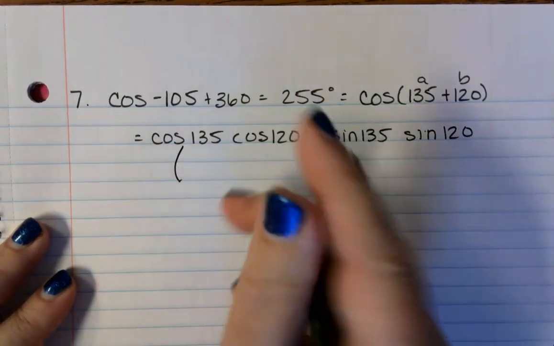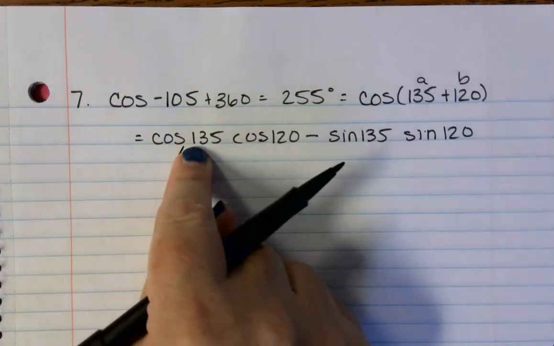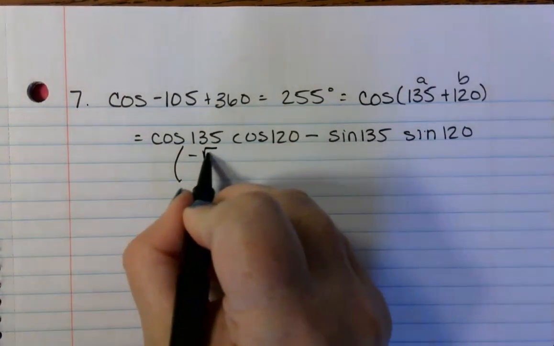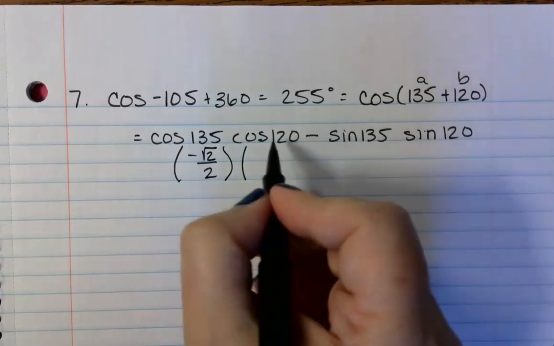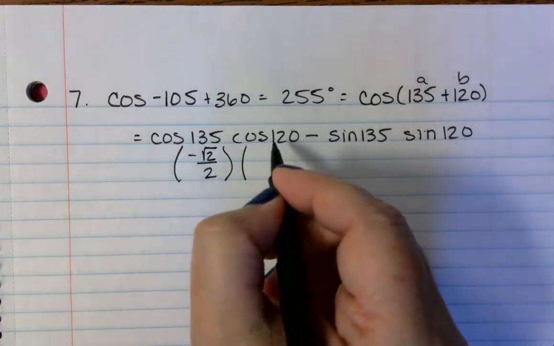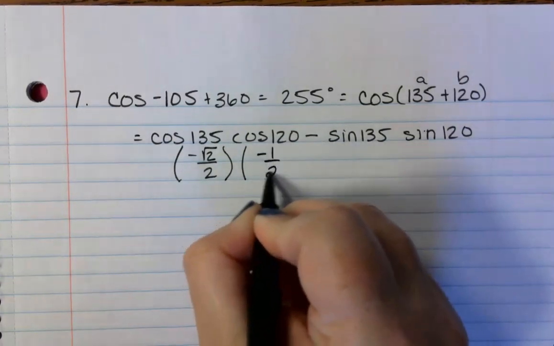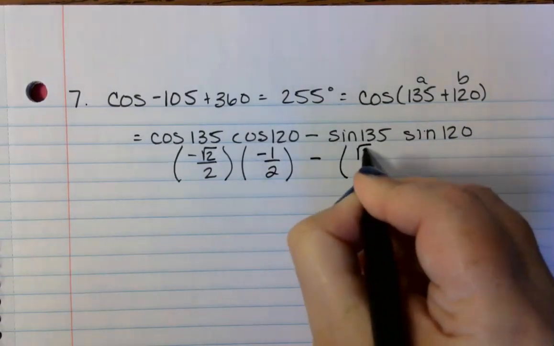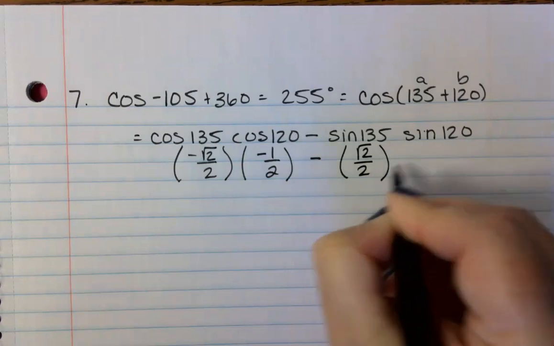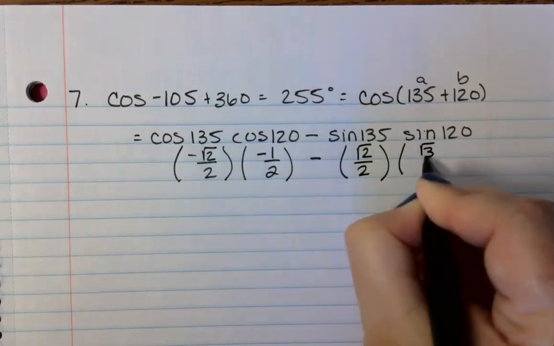Cosine of 135 is negative square root of 2 over 2. Cosine of 120 is negative 1/2. Sine of 135 is square root of 2 over 2. And sine of 120 is square root of 3 over 2.